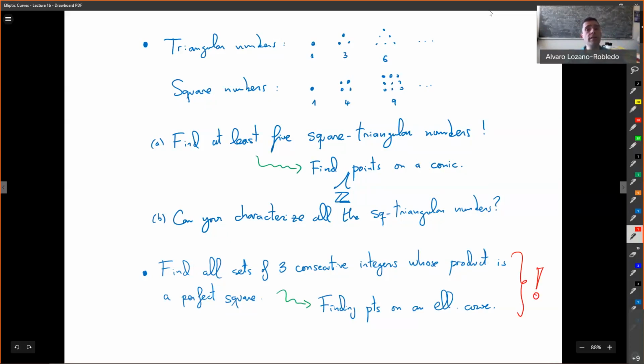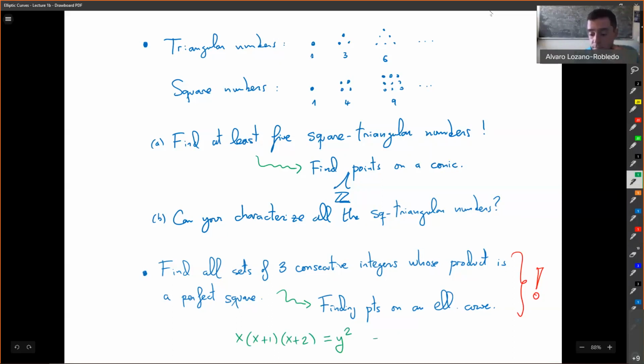Otherwise, we're going to have to wait until we develop more theory to start finding points on that. Let me just say what the equation for that would be. So if you write x is the first integer, and you multiply x by x plus 1 times x plus 2, you're looking for that to be a square. So that y squared equals a cubic polynomial.